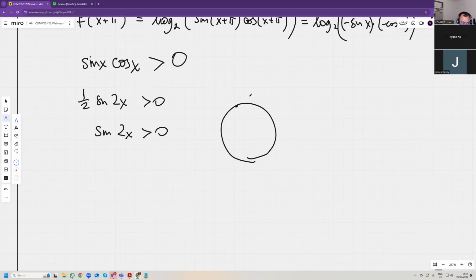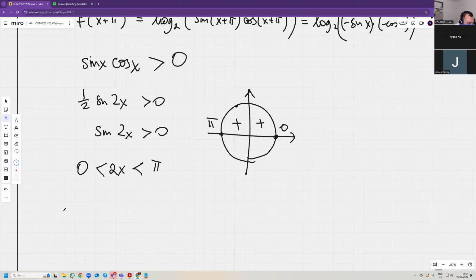That means the angle is in the first or second quadrant, so from 0 to pi. So 2x must be strictly less than pi and strictly greater than 0. So x is between 0 and pi over 2.